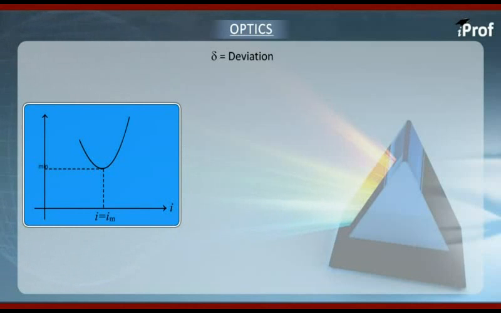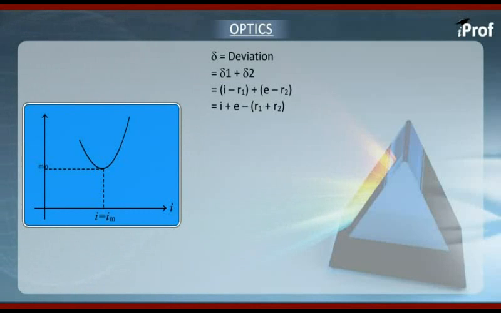These two deviations are in the same sense, so the total deviation suffered by the ray passing through the prism is delta 1 plus delta 2. That is I minus R1 plus E minus R2. And on simplification, we get deviation as I plus E minus A, using the previous equation that A is equal to R1 plus R2.